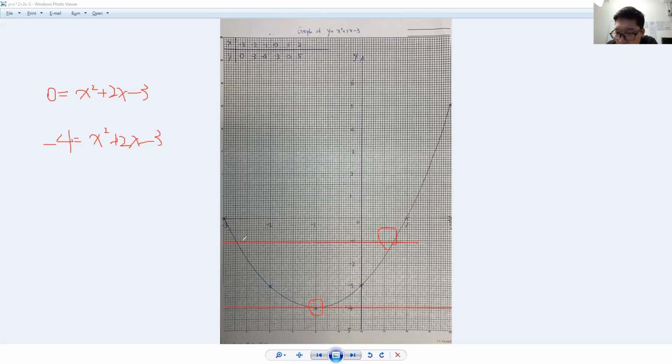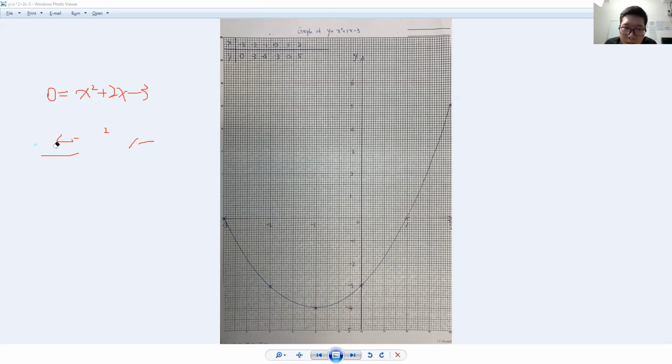If you have just the line over here, you have 1 solution. If you have any y value smaller than negative 4, for example this line, you will have no solution at all. So there are 3 possible cases for a quadratic equation: 2 solutions, 1 solution, and no solution at all. Okay, these are the simple ones.